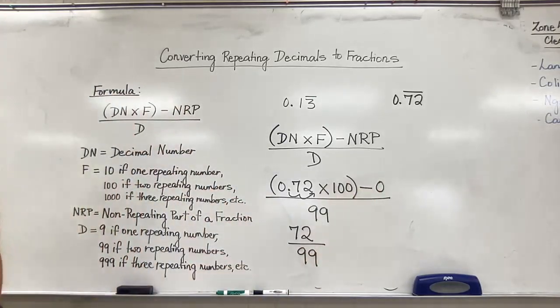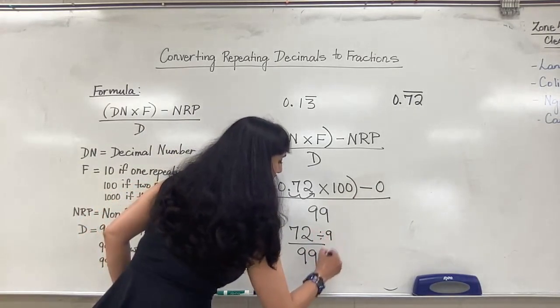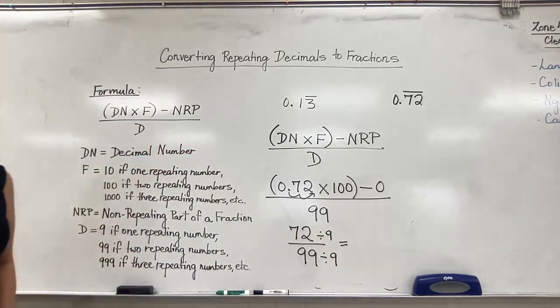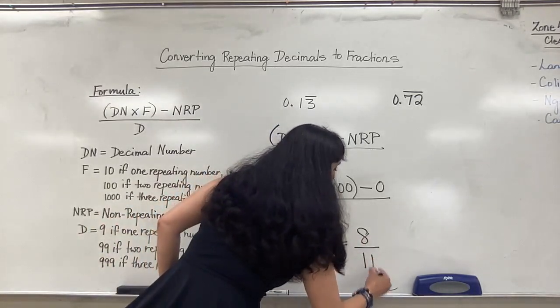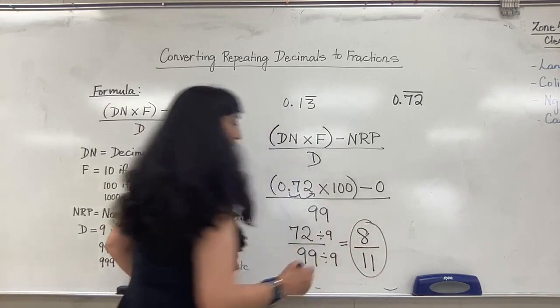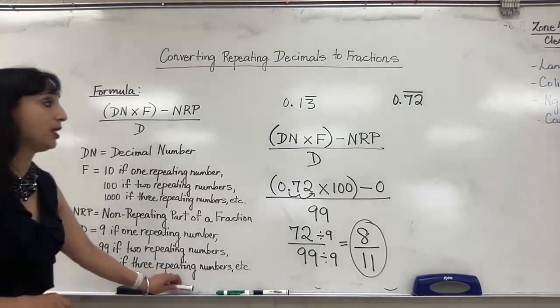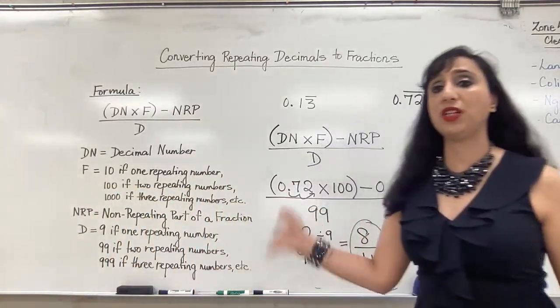Then I'm just going to simplify. Both these numbers are divisible by 9, so dividing by 9, my fraction in simplest form is going to be 8/11.